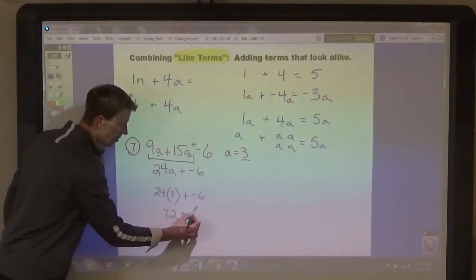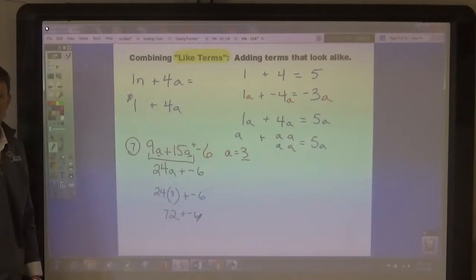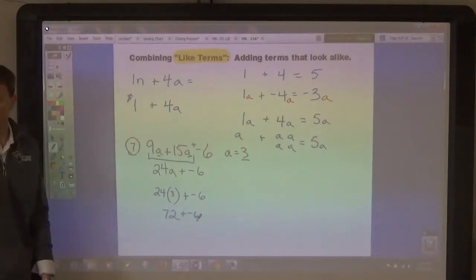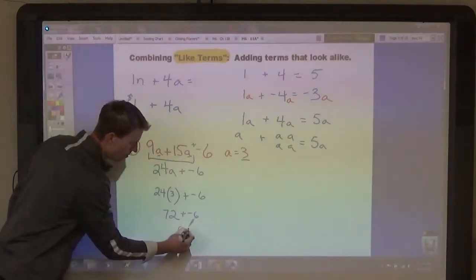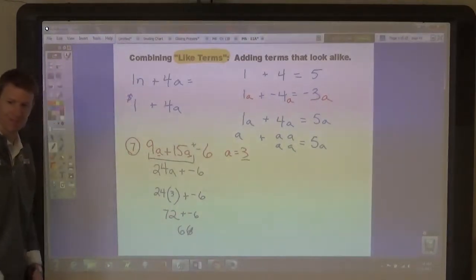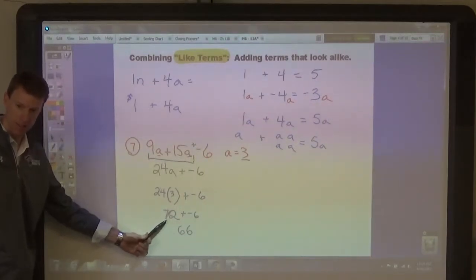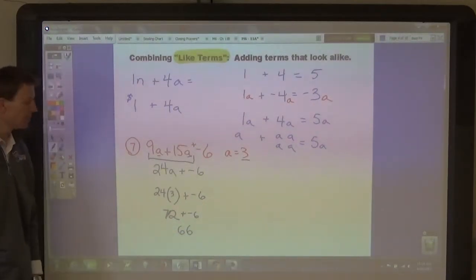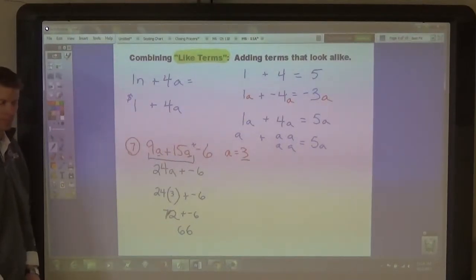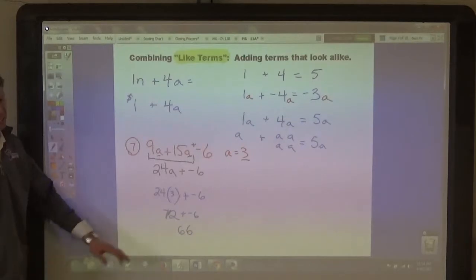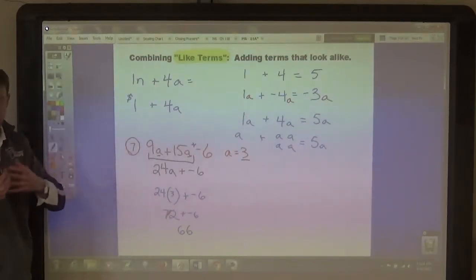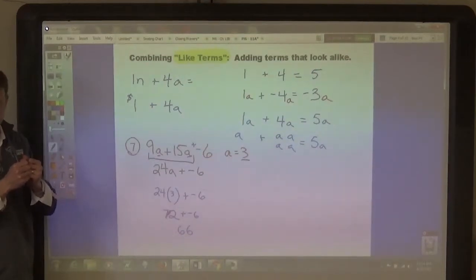Plus negative 6. 72 take away 6. Maya? Positive, because the bigger number is positive. Positive 66. Yep. Questions on number 7? When adding and subtracting, we're not multiplying, we're just taking away.